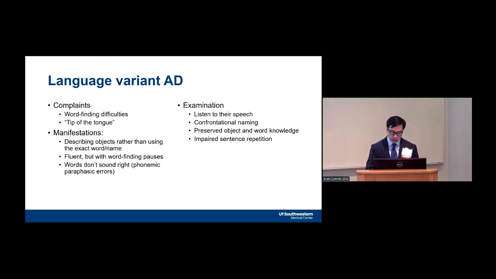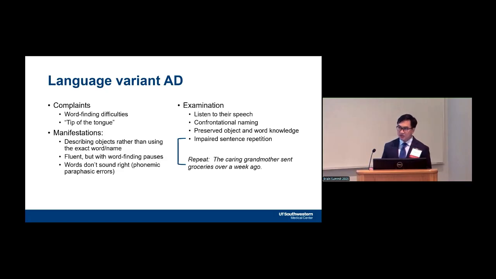And then don't forget to check their repetition. It's nice when you can recall those sentences on the Montreal Cognitive Assessment, the MoCA test. You may scratch your head and say, why am I asking them to repeat these sentences? Well, this is kind of why. This is from one of the other versions than version 1.